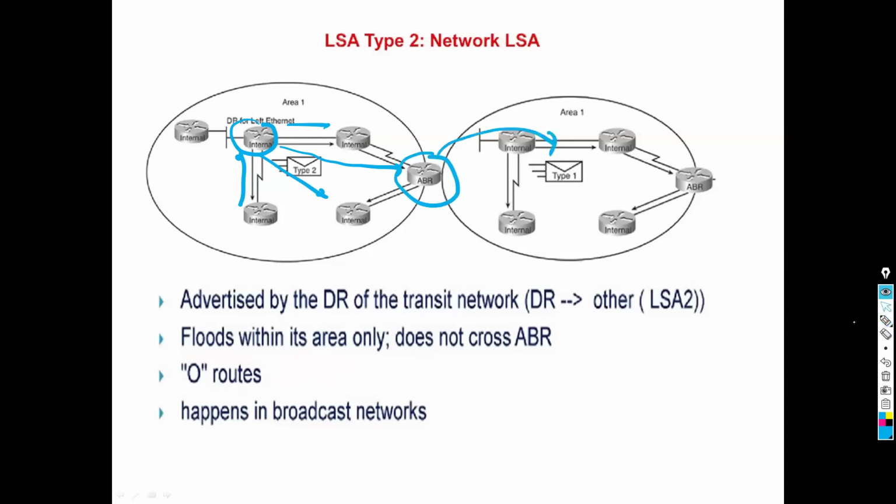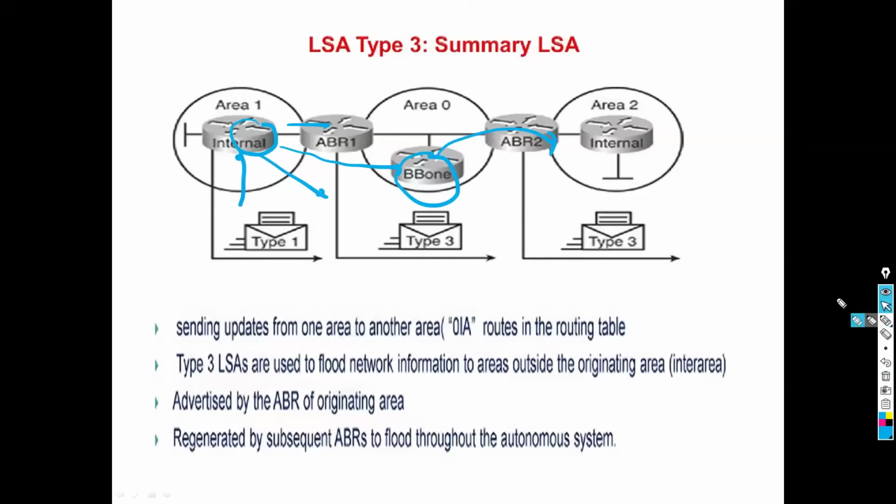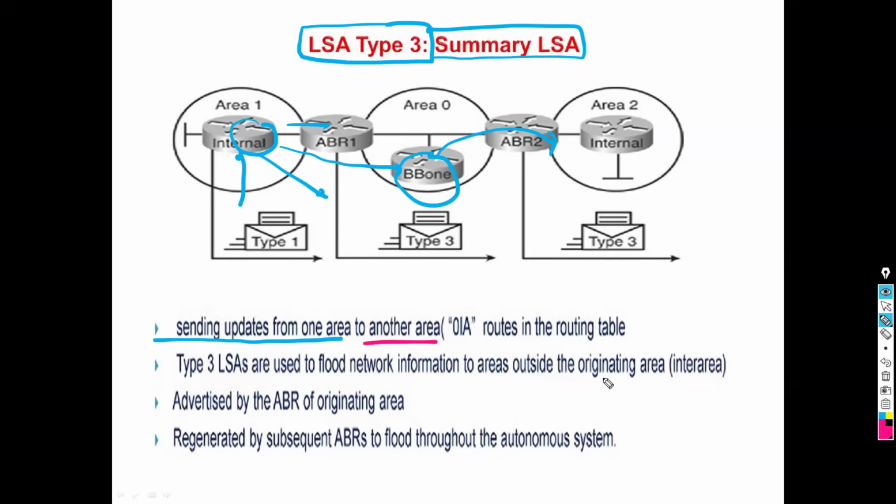This is called network summary LSA, LSA type 3, sending updates from one area to another area. So whenever you are receiving routes with the O IA flag, this is the LSA type 3 database, the network summary LSA.